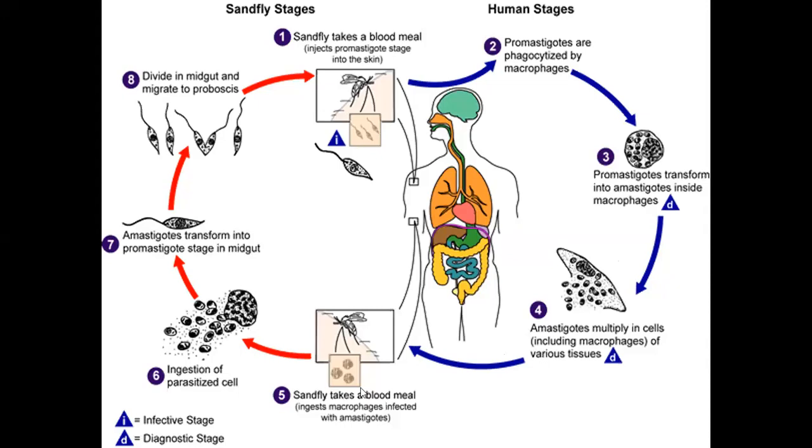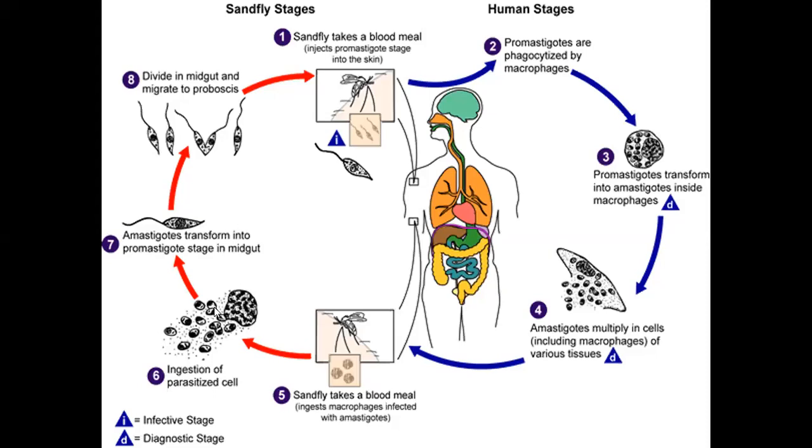They are also going to be present in the blood, and so when the sandfly takes up the blood meal, it ingests the macrophages, which are infected with the amastigote forms, or they can ingest the amastigotes as well. Then the other part of the life cycle of the Leishmania occurs within the body of the sandfly.